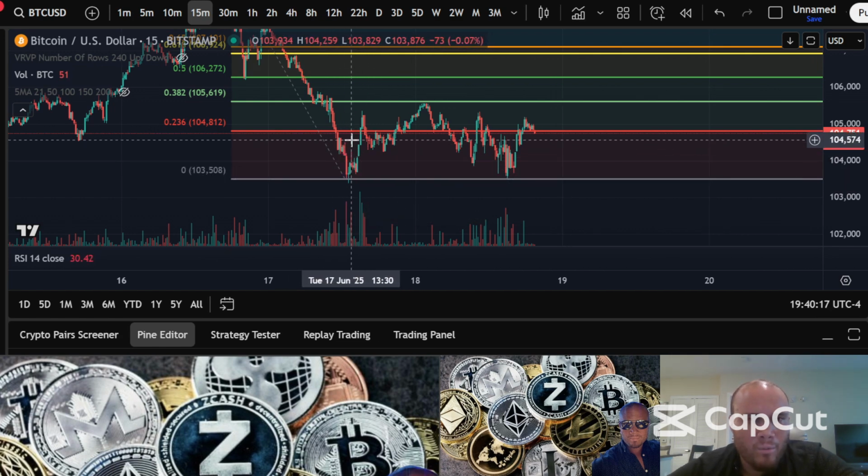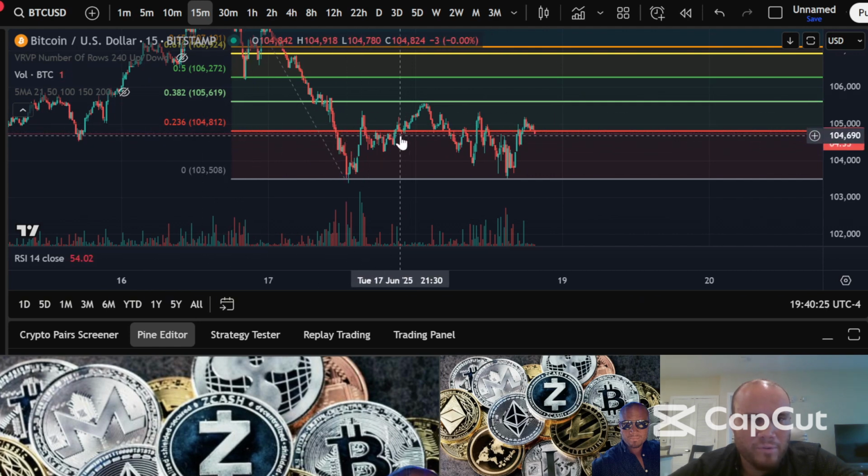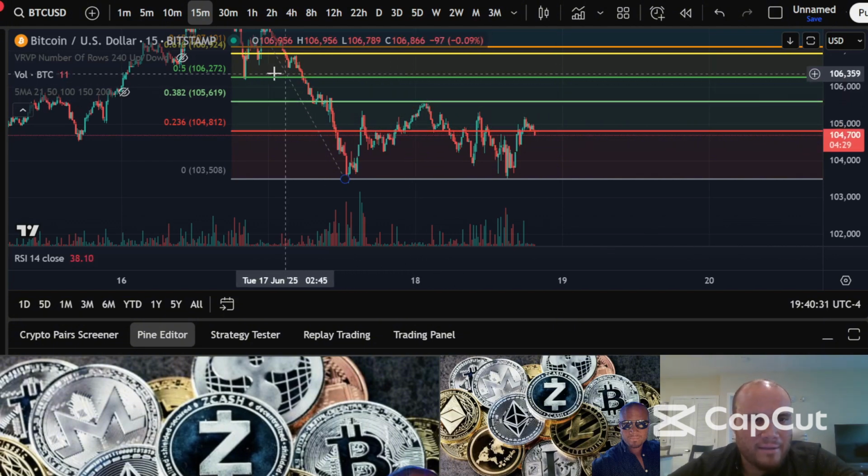However, when do you start selling? You could start selling when you get to the 0.236 retracement level at $104,800 Bitcoin, or you could push the trade a little bit further and try to sell at the 0.382 level here at $105,600 Bitcoin, which you can see got respected very well.